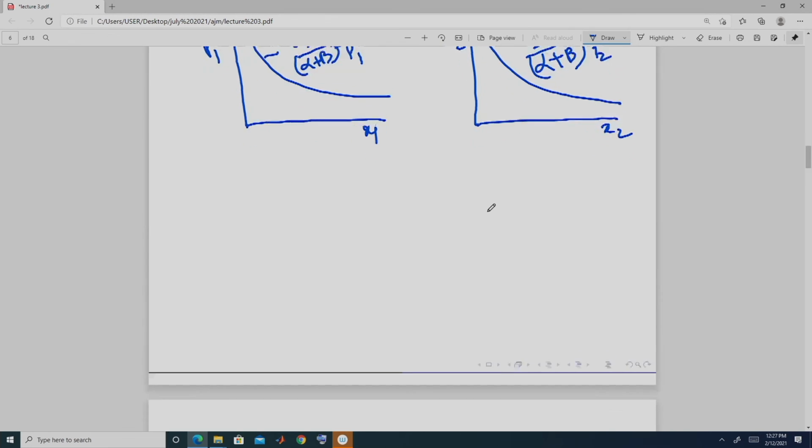Now let's solve another problem, and that is, suppose good 1 and good 2 are perfect substitutes. So this is your utility function. The utility function is given like this, and our budget line is, suppose, this.